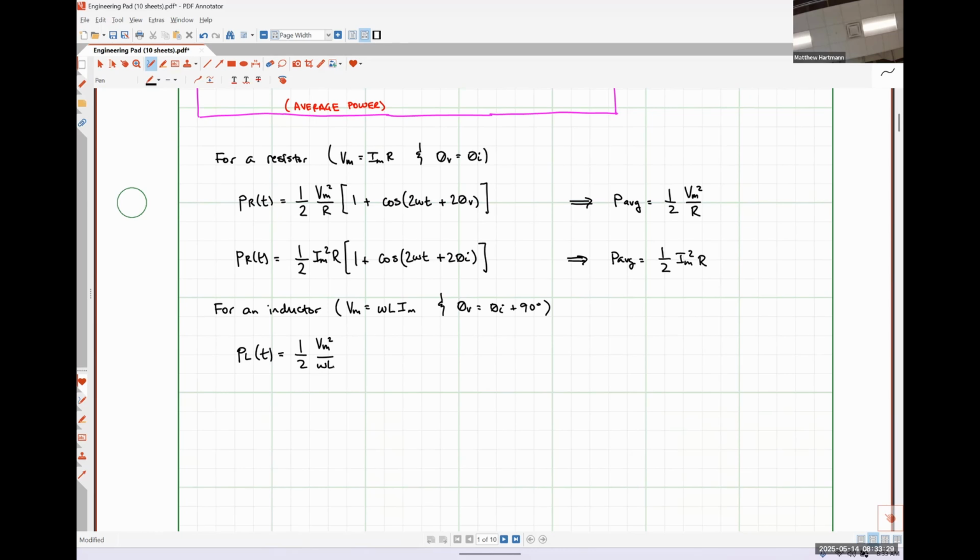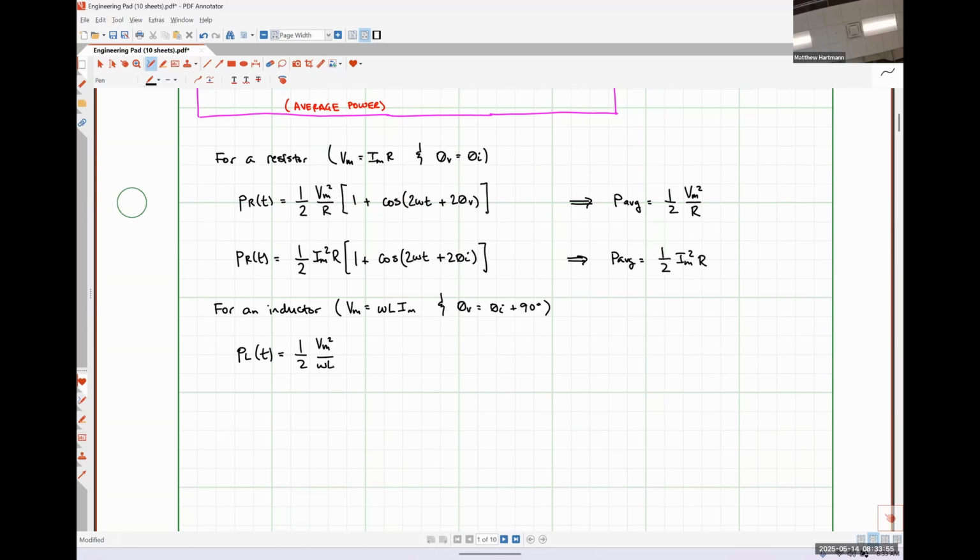Now, what's going to happen when I do cosine of theta V minus theta I? Well, theta V is just theta V. Theta I could be written as theta V minus 90 degrees. So theta V minus theta I actually comes out to be the cosine of positive 90 degrees.